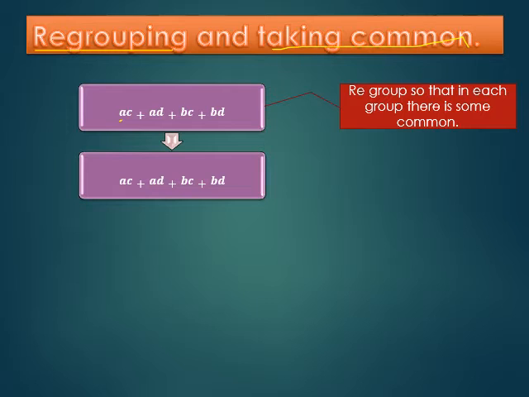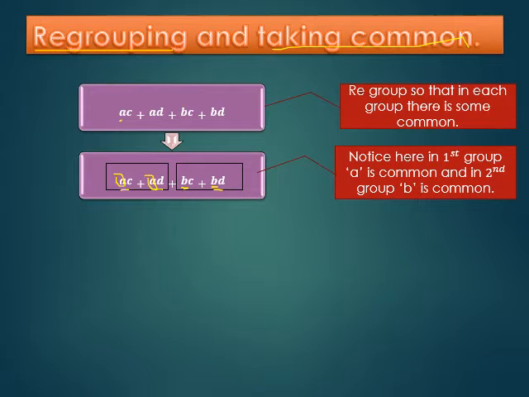Observe here the first group AC plus AD and the second group BC plus BD. In the first group you'll observe there is A common, but A is not common overall. And in the second group B is common. So take these common.